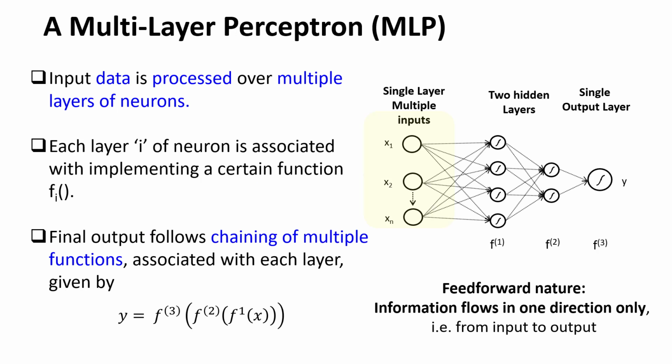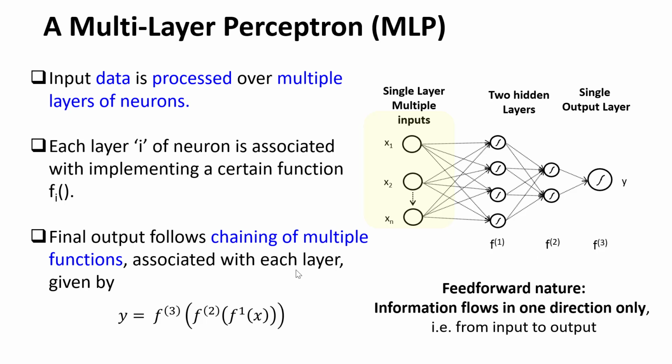And in a multi-layer perceptron, input data is processed over multiple layers of neurons. Each layer i of neurons is associated with implementing a certain function, f of i, and finally the data flows from input to output in a feed-forward nature in one direction only, and is generated through chaining of multiple functions, f of 1, f of 2, and f of 3.